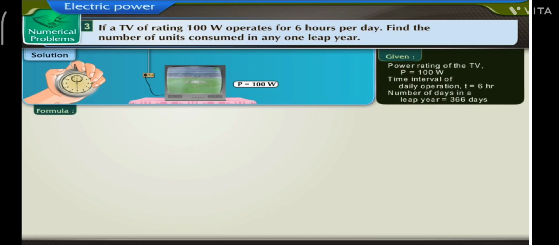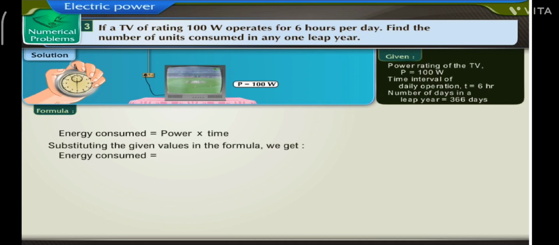The electric energy consumed is given by energy consumed is equal to power multiplied by time. Energy consumed is equal to 100 multiplied by 6 multiplied by 366 is equal to 2,19,600 watt hours is equal to 219.6 kilowatt hours is equal to 219.6 units.